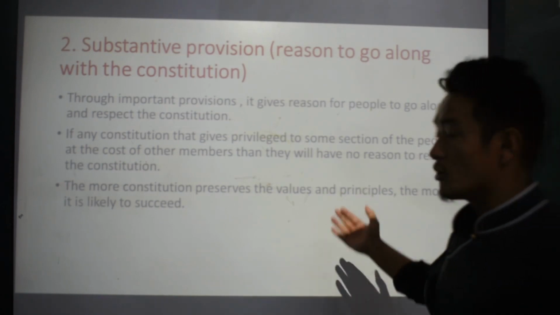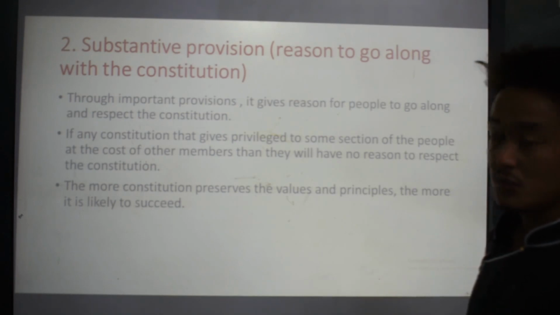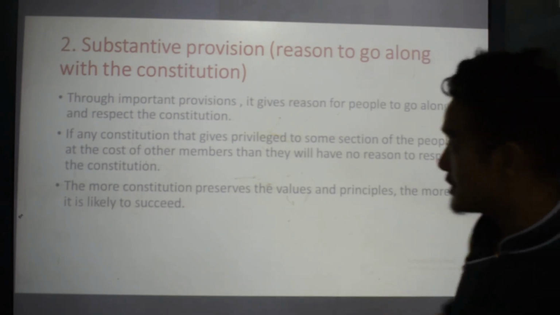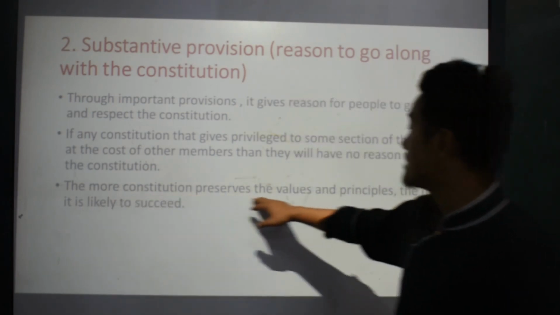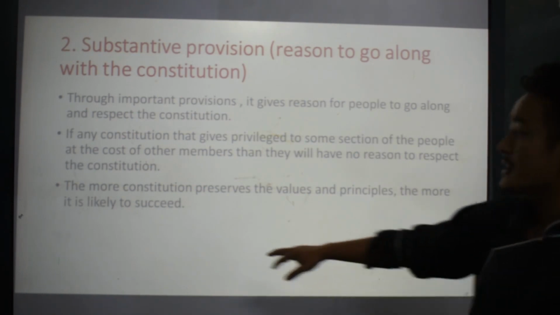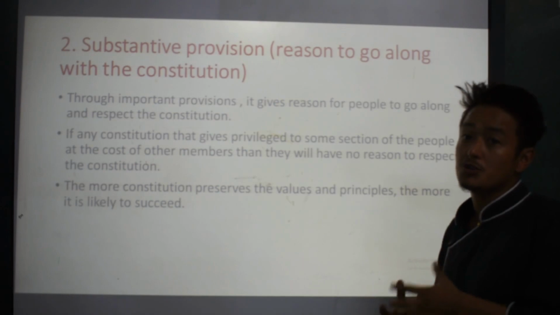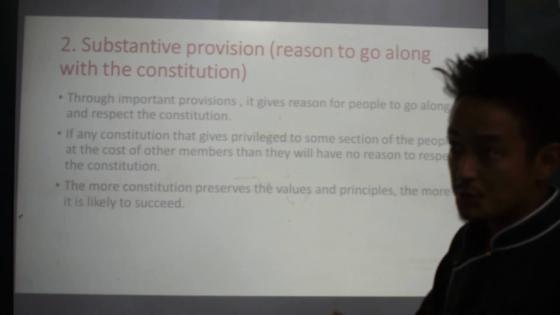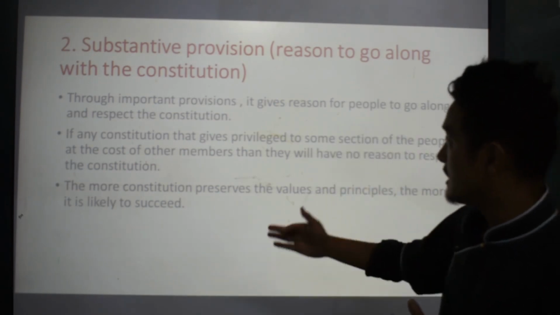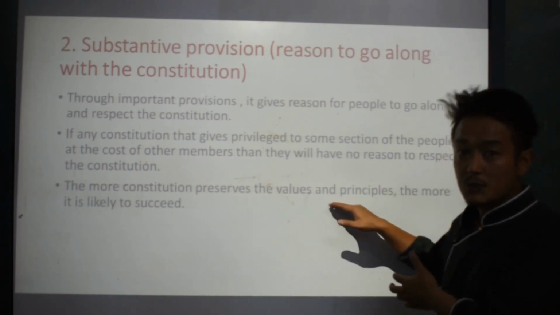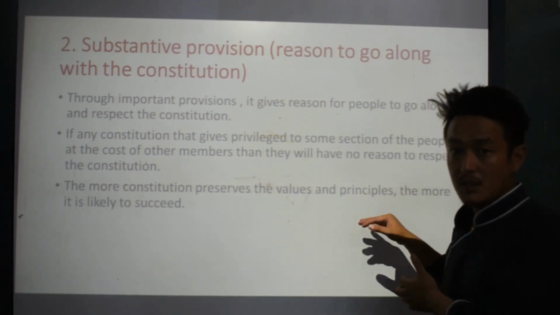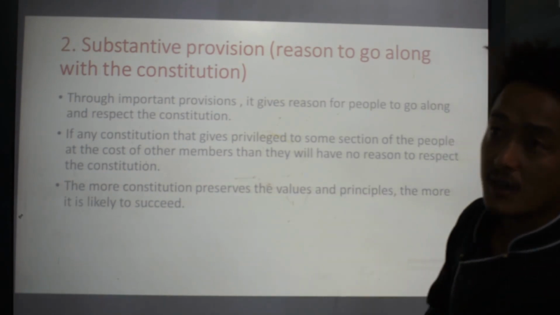So the constitution has to be a very beneficial tool, through its provisions. The more the constitution preserves values and principles, the more likely it is to succeed. The success or effectiveness of a constitution mainly depends on how it preserves values and principles, for example justice and fairness.